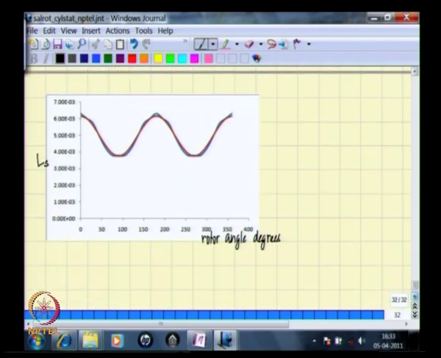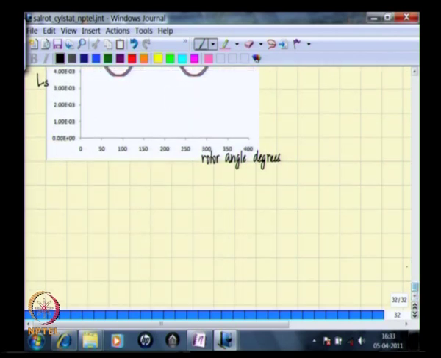So, now let us stand back and look at what we have done so far. We have been trying to get expressions for the inductances that are there in a simple elementary electrical machine.